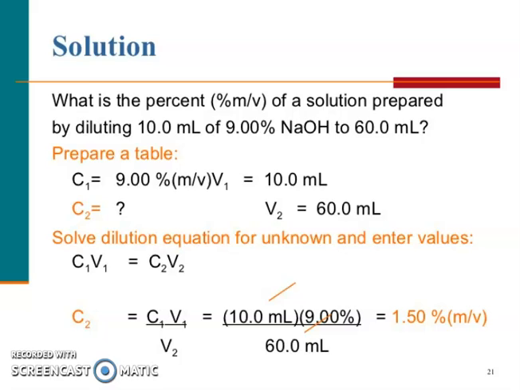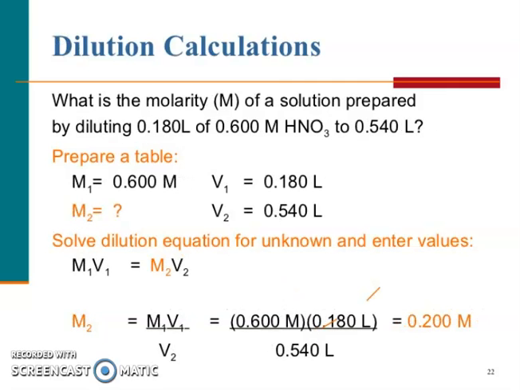So you have to calculate C2. Solve the dilution equation for the unknown: C2 is equal to C1V1 divided by V2. You know C1 is 9%, V1 is 10 mL, and V2 is 60 mL. After calculation you will get 1.50% m/V.